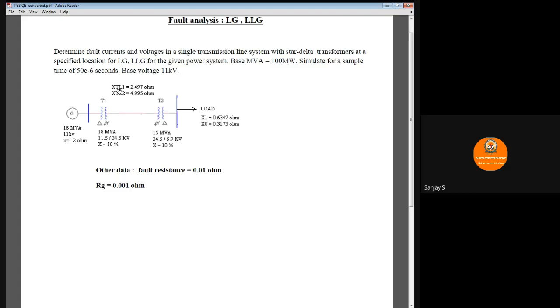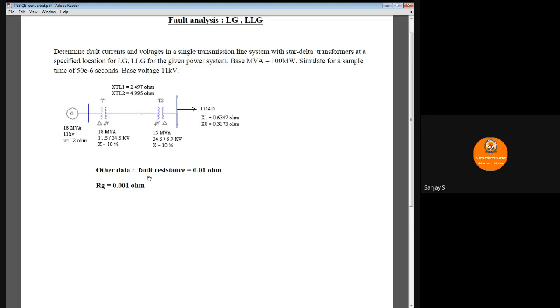The positive sequence reactance of the transmission line is 2.497 ohms and the negative sequence reactance is 4.995 ohms. Similarly, the rating of the second transformer is 15 MVA, 34.5/6.9 kV, and the reactance is 10%. At the load end, we are having a bus bar to which the load is connected, and the reactance of the load happens to be 0.6347 as the positive sequence reactance and zero sequence reactance 0.03173 ohms.